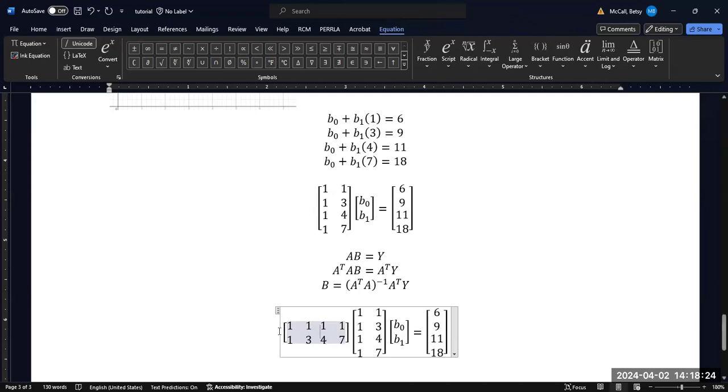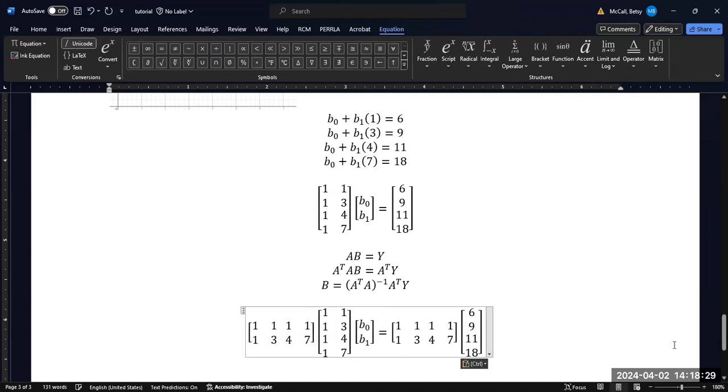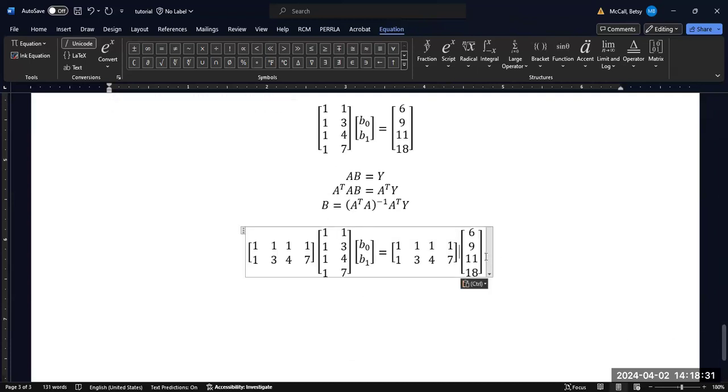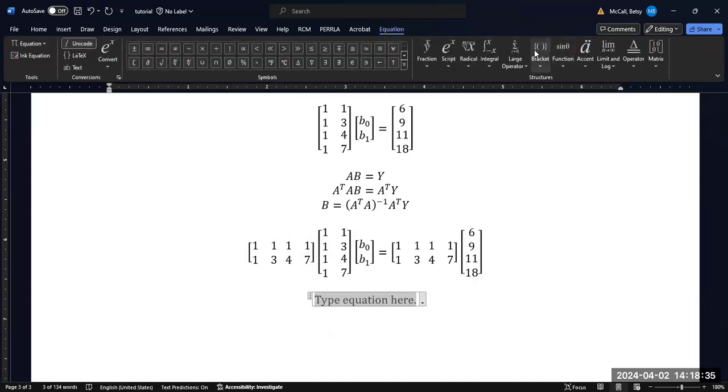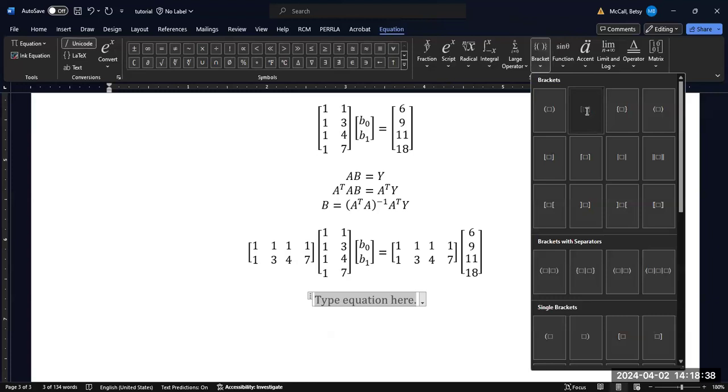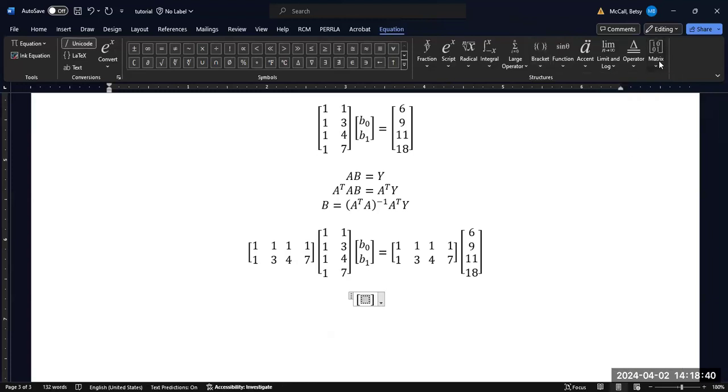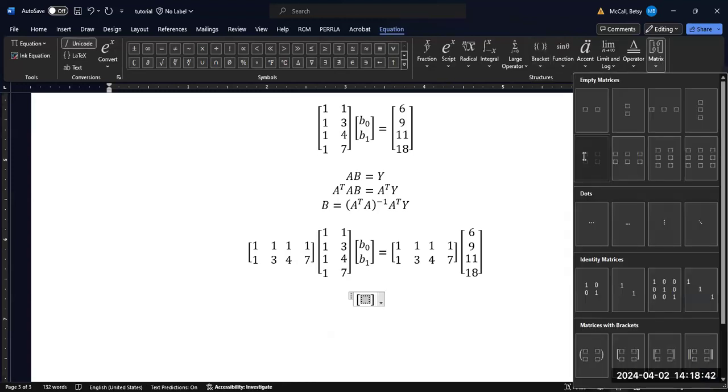Spread that out a little bit so that we can read it. And then same thing on this side of the equation. Then we can do the multiplication, and we'll end up with the following, again, 2 by 2 matrix.